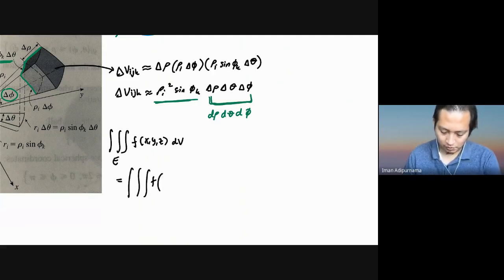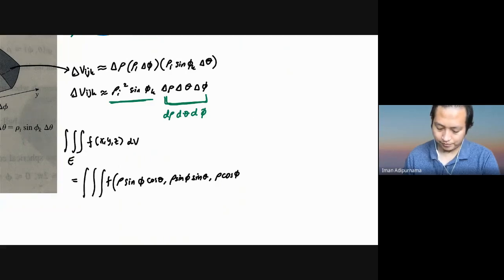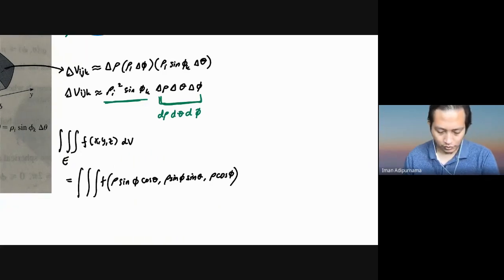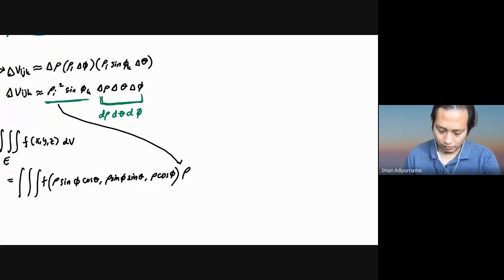It should be xyz, but because we already convert them into spherical, it will be rho sine psi cos theta, rho sine psi sine theta, and then z. z is rho cos psi. And then you need also to write this conversion. So right here, rho squared sine psi, d rho, d theta, d psi.